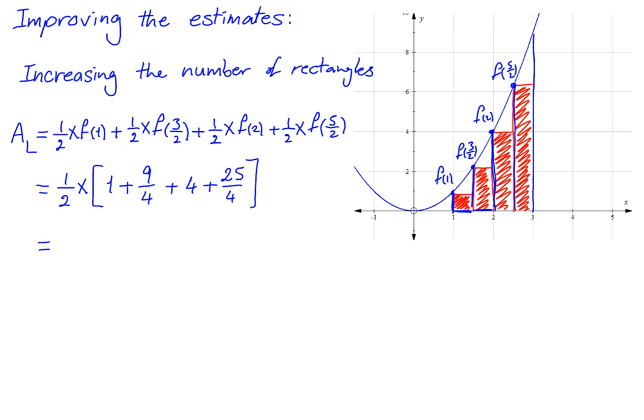And then in the end, this should equal 27 over 4 if you want to leave it in fraction form, or 6.75 units squared. Notice that previously when we used two lower rectangles, the area was 5, but now we're getting 6.75, so it's higher than the previous underestimate, and it's closer to the area under the curve.